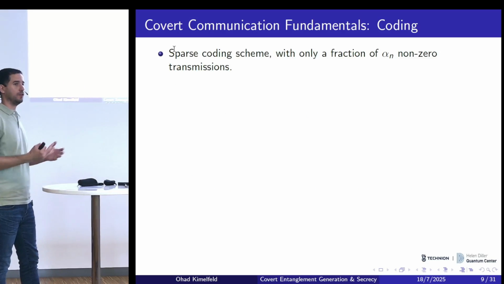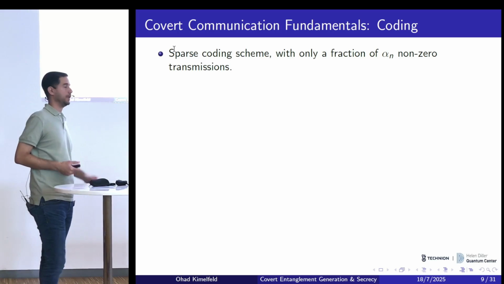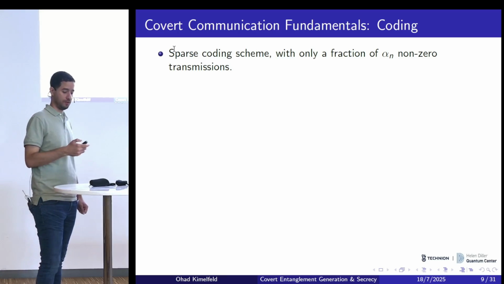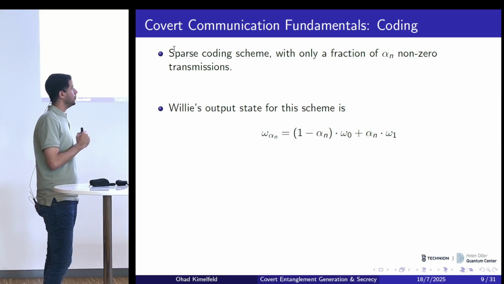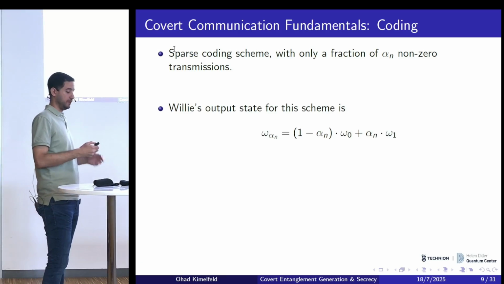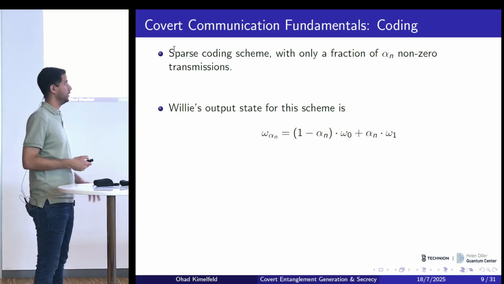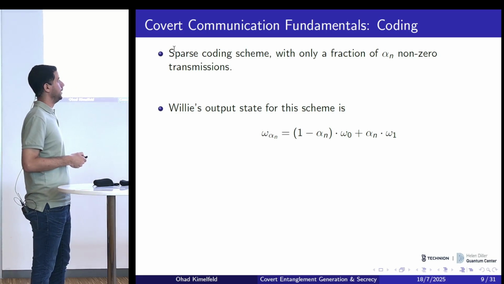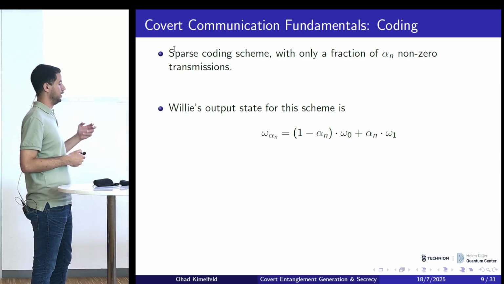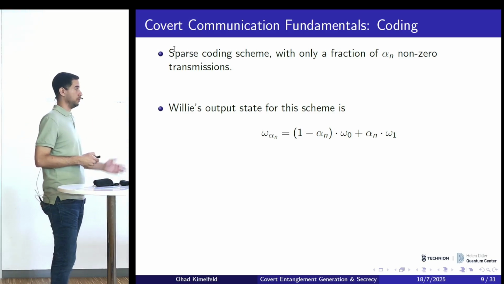Okay, so what is the coding scheme to achieve covert communication? We use a sparse coding scheme with only a fraction alpha n of non-zero transmissions, which means that we obtain for Willy the output state, which is the average over the Bernoulli distribution with probability alpha n, where omega 0 is Willy's state corresponding to the innocent input 0, and omega 1 corresponds to the input 1.